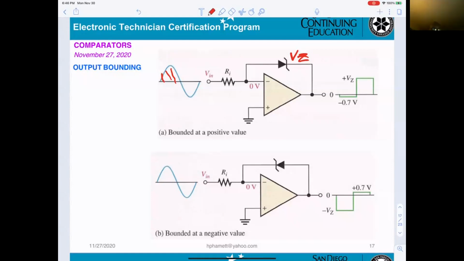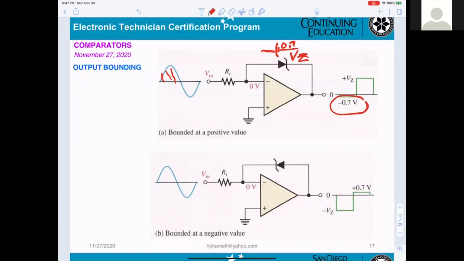No, it doesn't break down. It operates like a normal diode. When it's working normal, you get positive here, negative here, and the value 0.7. So that's why the output will be minus 0.7.